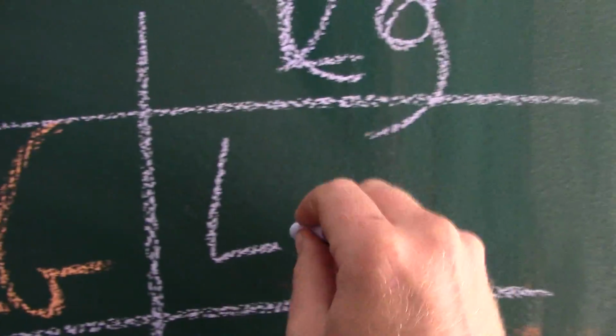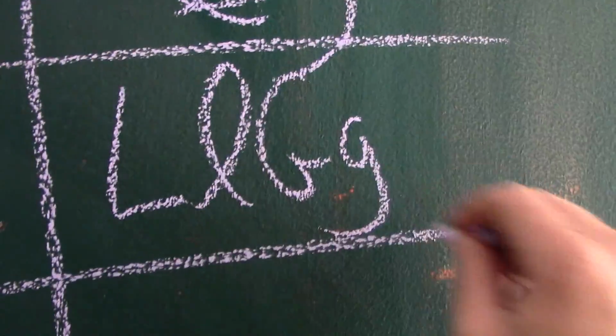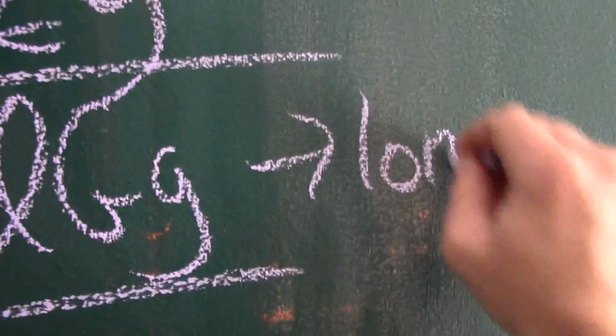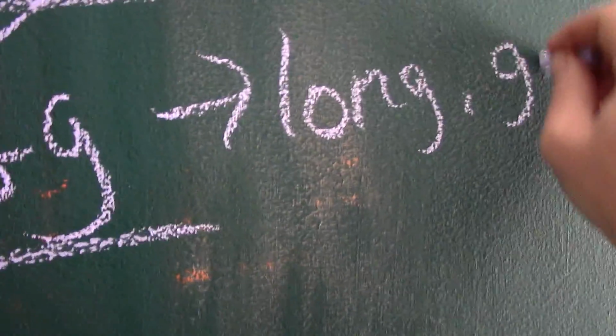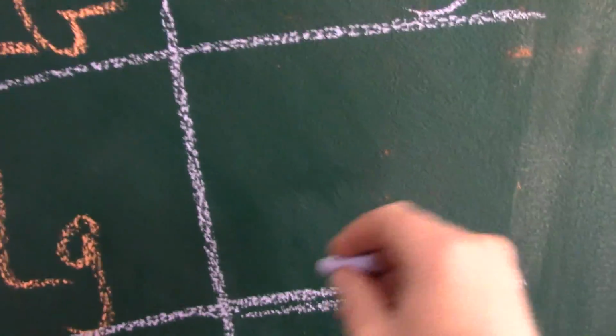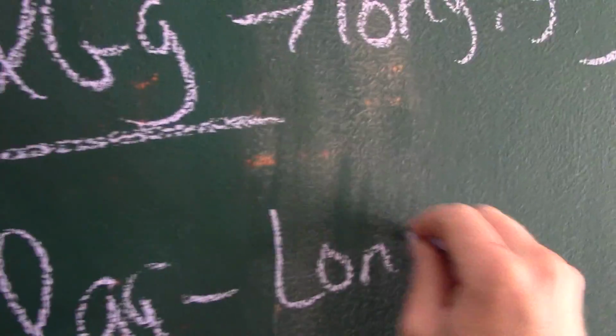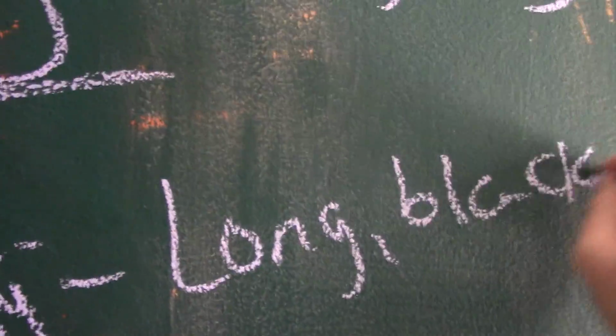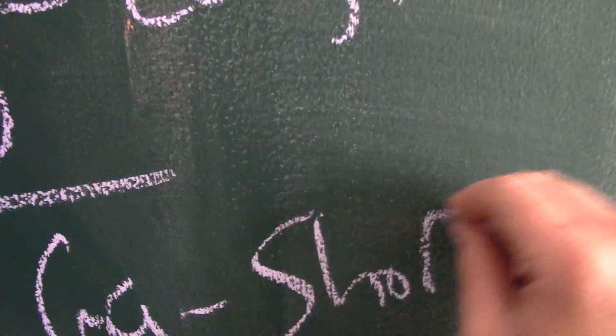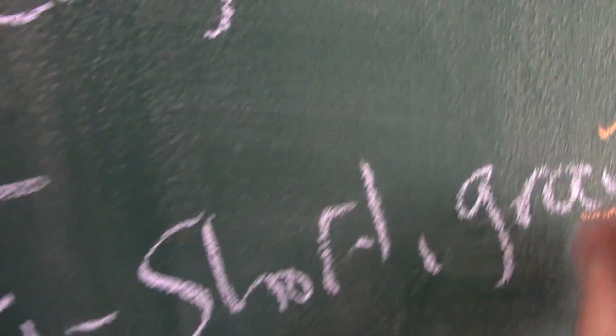So what you get when you cross a heterozygote with a test cross is 1 long gray, to 1 long black, and then 1 short gray, and then 1 short black.